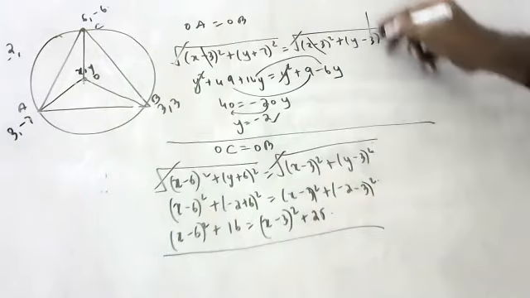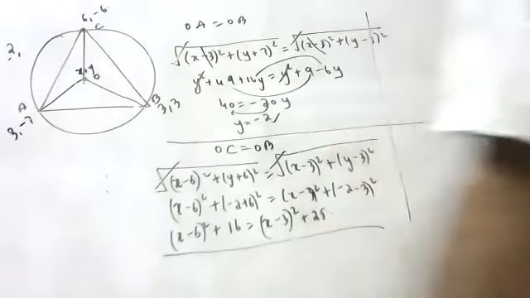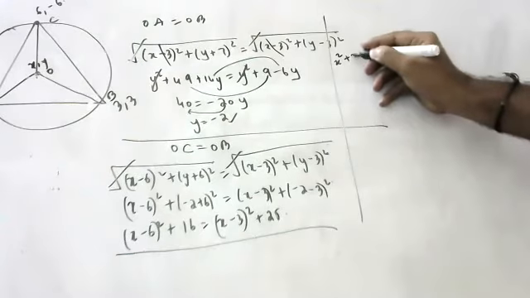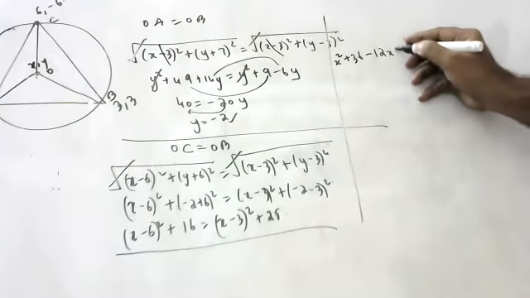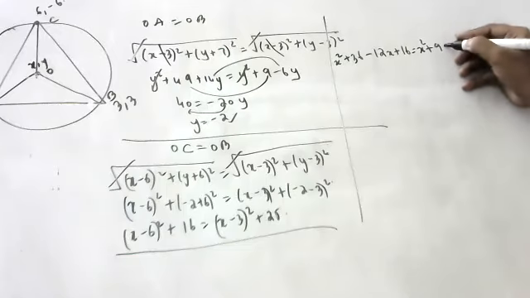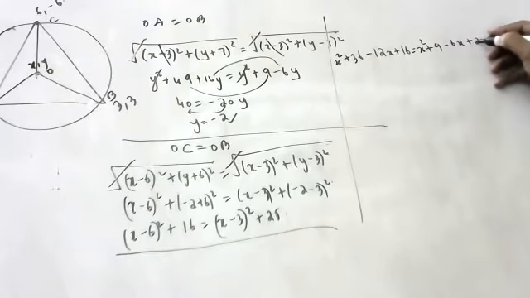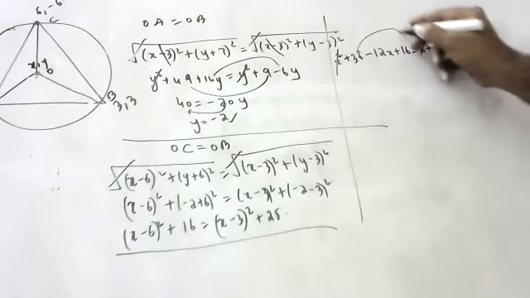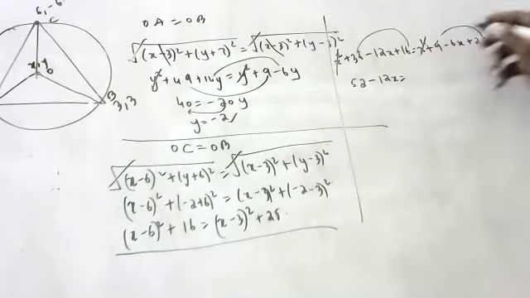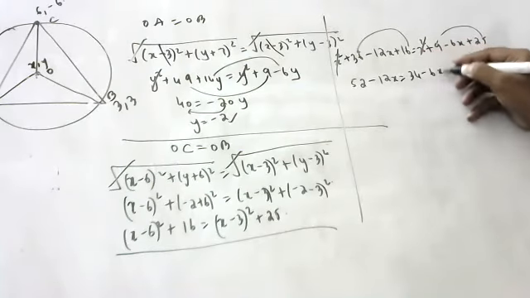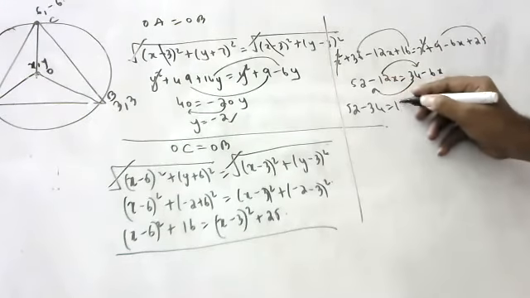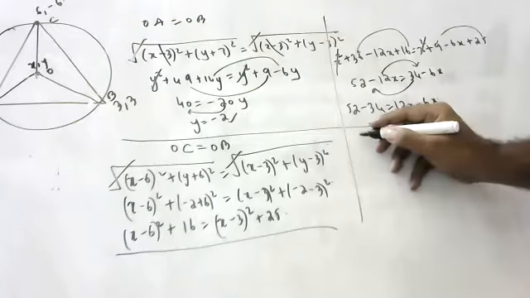Now expand this also. x square plus 36 minus 12x plus 16 is equal to x square plus 9 minus 6x plus 25. x square cancel. 36 plus 16, 52 minus 12x is equal to 34 minus 6x. 52 minus 34 is equal to 6x plus 12x.